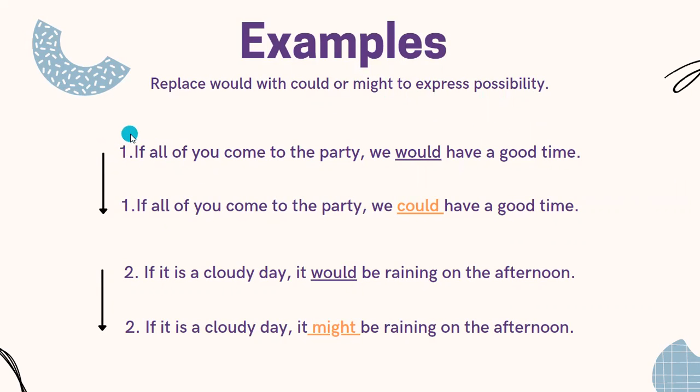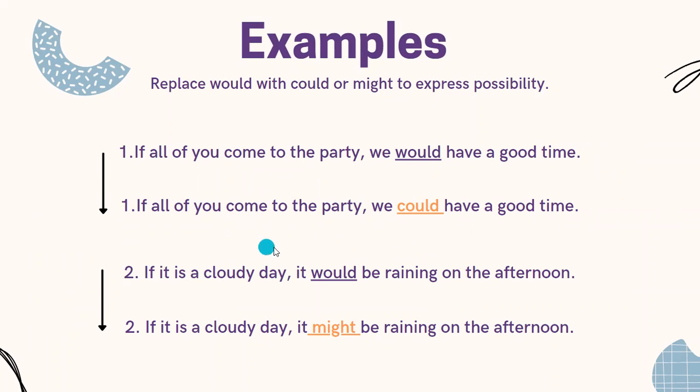As I mentioned before, instead of using the word would, you can use could or might to express possibility. For example, if all of you came to the party, we would have a good time. This could be changed to, if all of you came to the party, we could have a good time. Could expresses possibility.